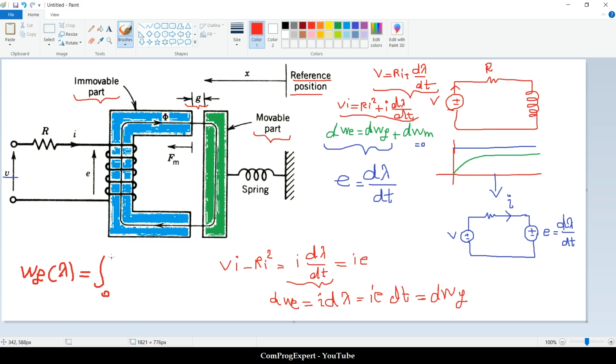This equation says that the stored energy in the magnetic field is a function of its flux linkage for an inductor. It depends on the state of the material, how much flux linkage we have for the coil.